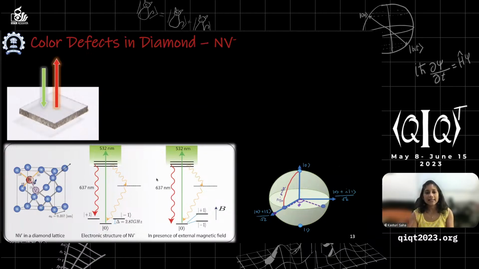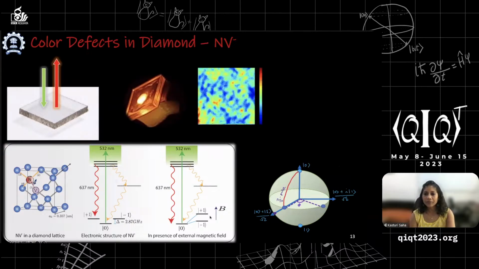Whenever it takes this path, it fluoresces at most 30% less. So if it were to start from the plus or minus 1 level, the fluorescence is lesser in comparison to the 0 state. And that gives us a fluorescence contrast that allows us to distinguish between the 0 state and the plus minus 1 levels. And I'll tell you how this looks.